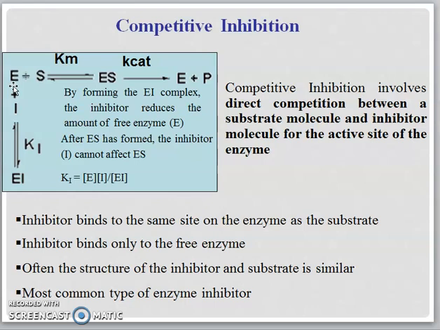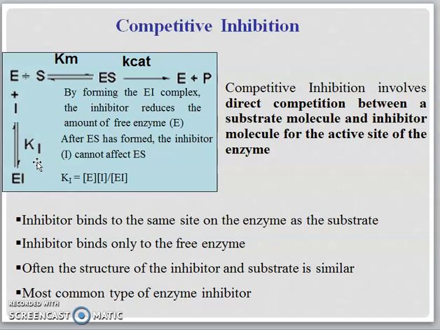You can see here there is a Ki value. Ki is the inhibitor constant that indicates how potent an inhibitor is, and it is the concentration required to produce half maximum inhibition.